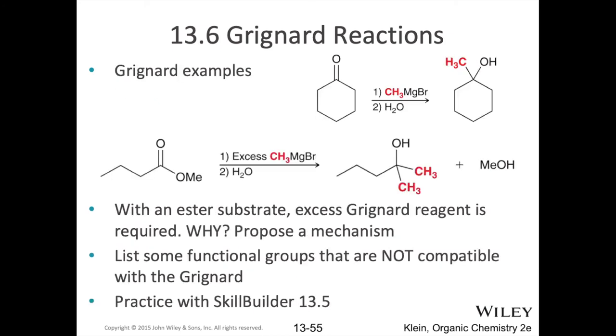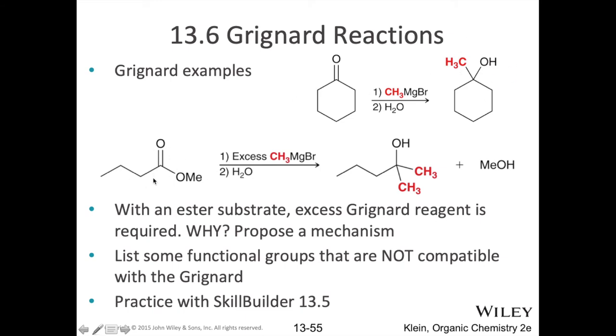Okay, so here are some examples of Grignard reactions. Here we have a Grignard reagent which is methyl magnesium bromide, and that means we've got a methyl carbanion that's going to attach to that carbonyl carbon and convert the carbonyl oxygen into an alcohol group, as we see here. Here's another example.